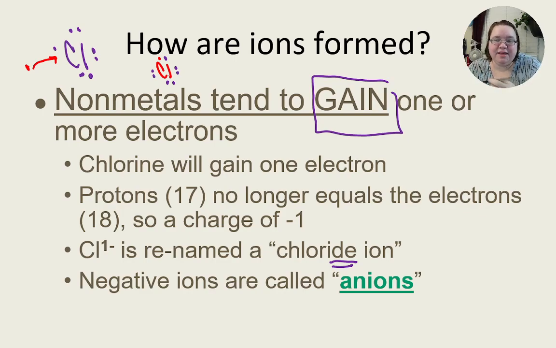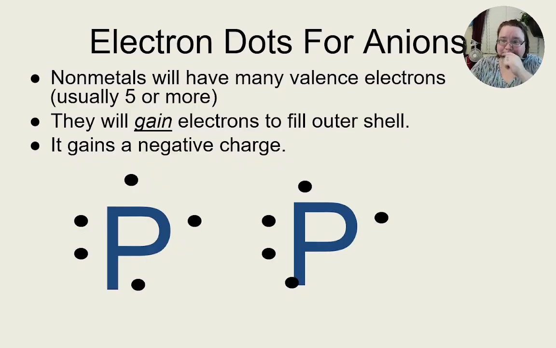We replace everything after that first syllable with an -ide. Oxygen is the oxide ion. And all of these nonmetals are going to have that negative charge because they have stolen electrons. And electrons are negative. So if I've got too many electrons, I'm going to have a negative ion. I'm going to be an anion.